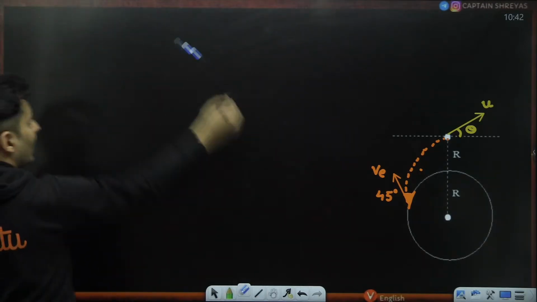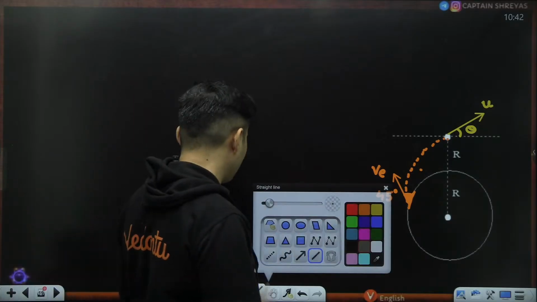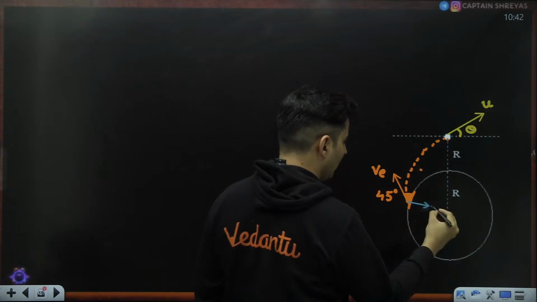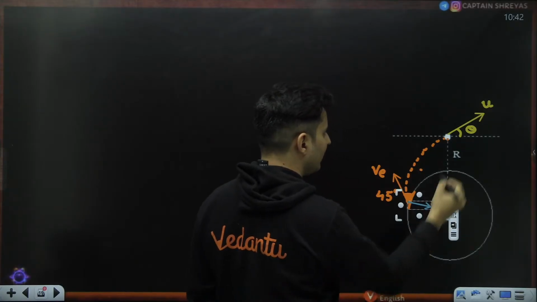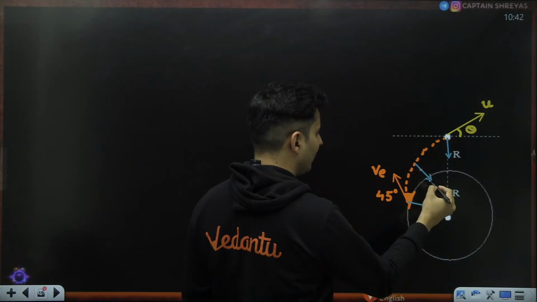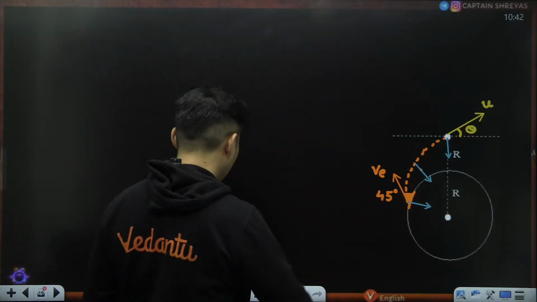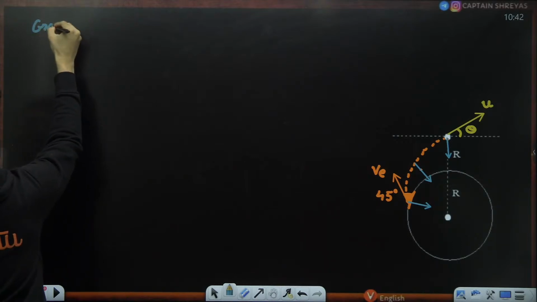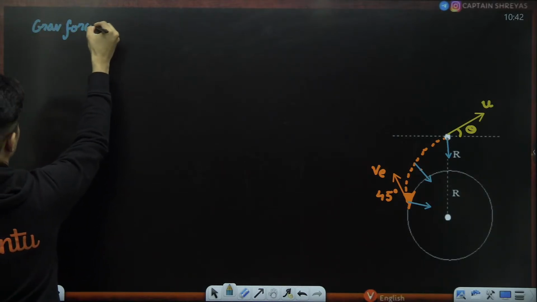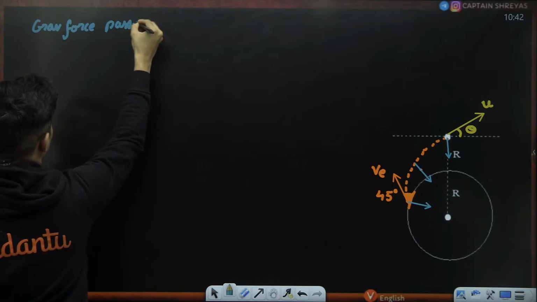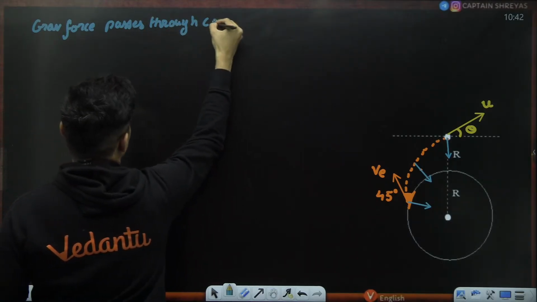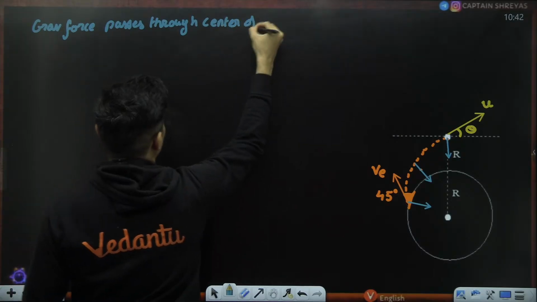Unexpectedly, something comes up. And what is that unexpected thing? See, the gravitational force on this point will be towards the center, here also towards the center, no matter where it is, it is towards the center. The gravitational force passes through the center of the earth.